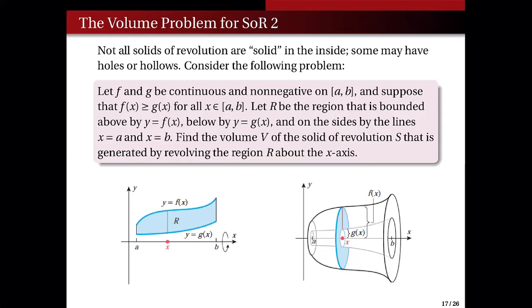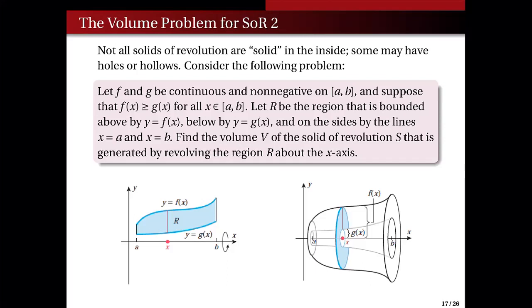We let R be the region that is bounded by y equals f of x, y equals g of x, and the lines x equals a and x equals b. So find the volume of the solid of revolution S that is generated by revolving the region R about the x-axis.